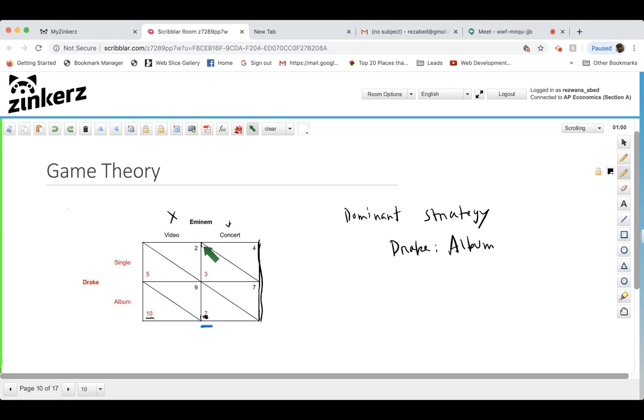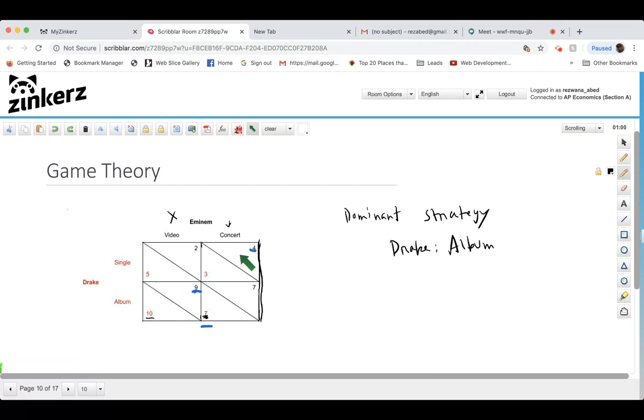Okay, so now we have switched to Eminem's perspective. So forget that Drake is going to be releasing an album, or that it is his dominant strategy. Right now I'm asking you, let's say I'm Eminem and I'm choosing between a video and a concert, and I know that Drake is going to be releasing a single, what am I better to do? Video or a concert?